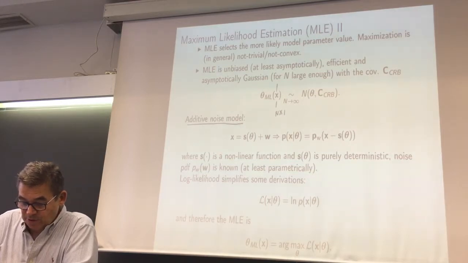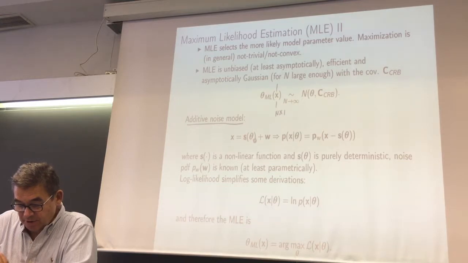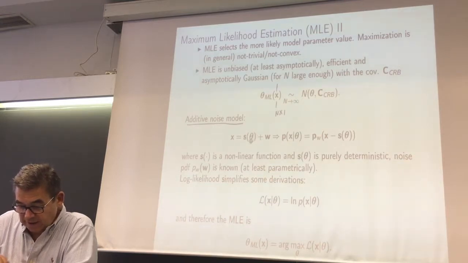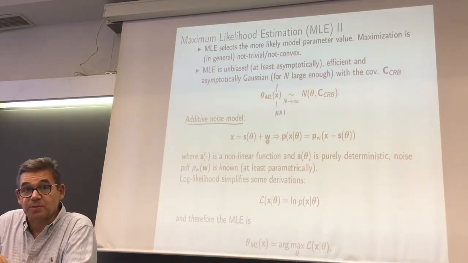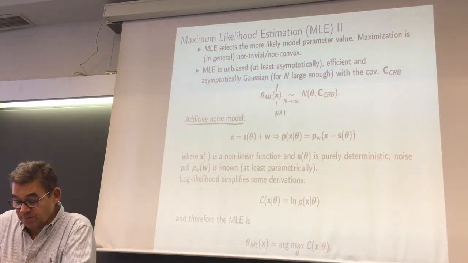Now, what is the additive noise model? The additive noise model is when I have my data, which depends on the model, as a function of theta, where theta is the set of parameters that I need to estimate, and then W is representing the noise.